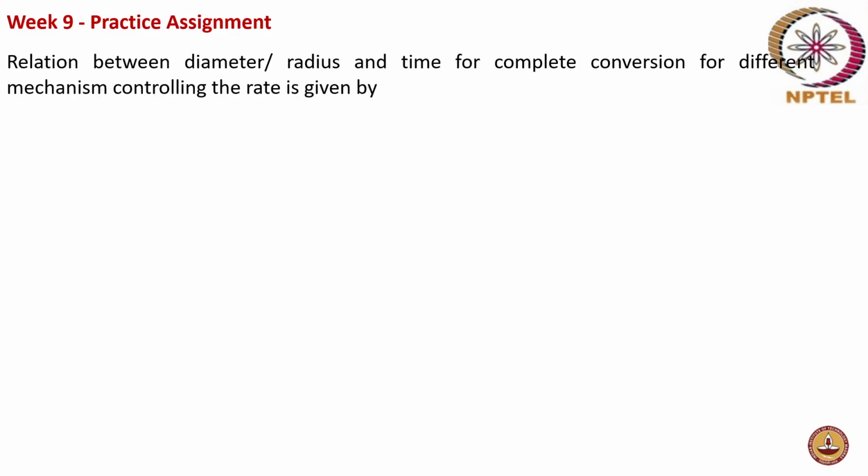So now the relationship between the diameter or radius and the time for complete conversion for different mechanisms controlling the rate is given by, this is for the shrinking core model for constant particle size. Even in the previous question we have written this similar expression.